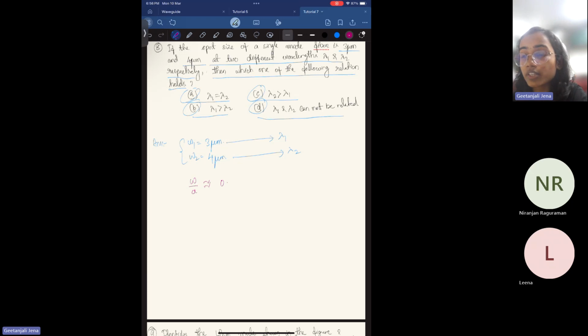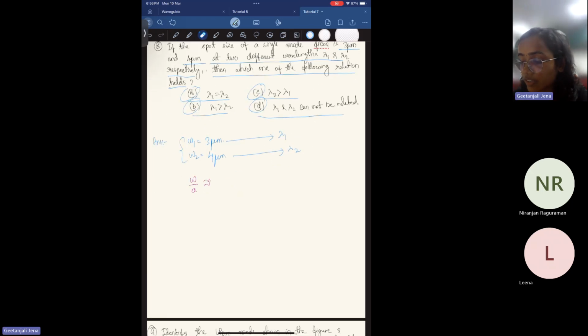Whenever you have a higher value of V parameter, the allowed modes will be more highly confined inside the fiber, so the spot size will decrease. Whenever V increases, the spot size decreases. Conceptually, the higher the V, the lower the spot size.